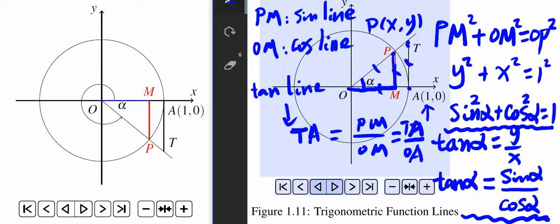So there are three lines: TA, the tangent line; PM, the sine line; and OM, the cosine line.